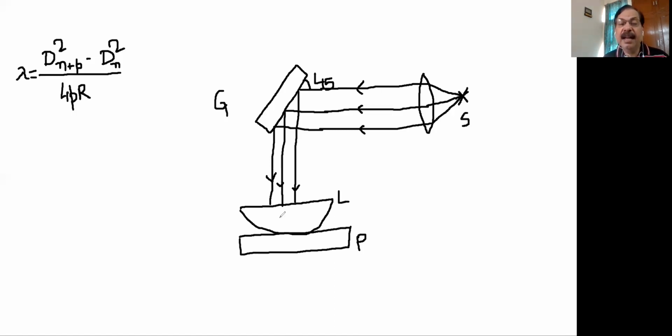Here C is the point of contact, and the Newton's rings are formed about this point of contact C. We can observe these Newton's rings using a microscope. This is the diagram of the experimental setup of Newton's ring. This is a microscope.